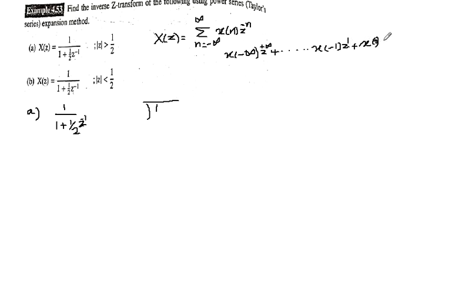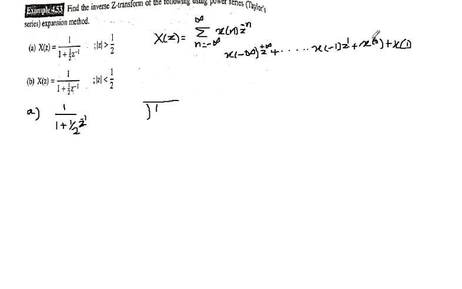So let's write x of 0 plus, Z to the power 0, and then we go on to the positive values of n. Now n is taking the positive values.